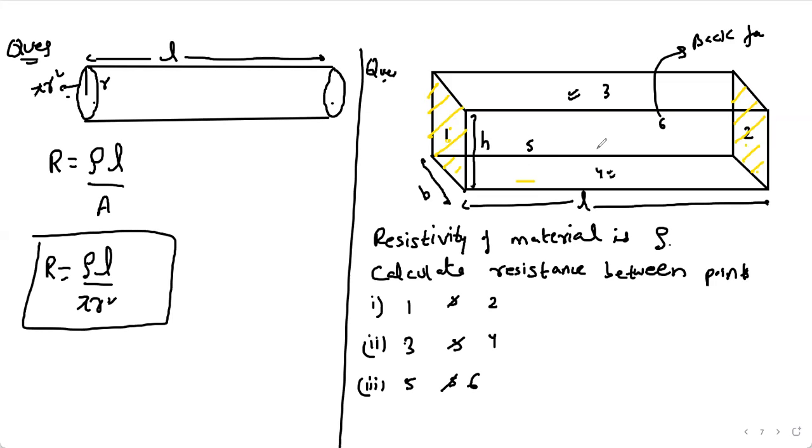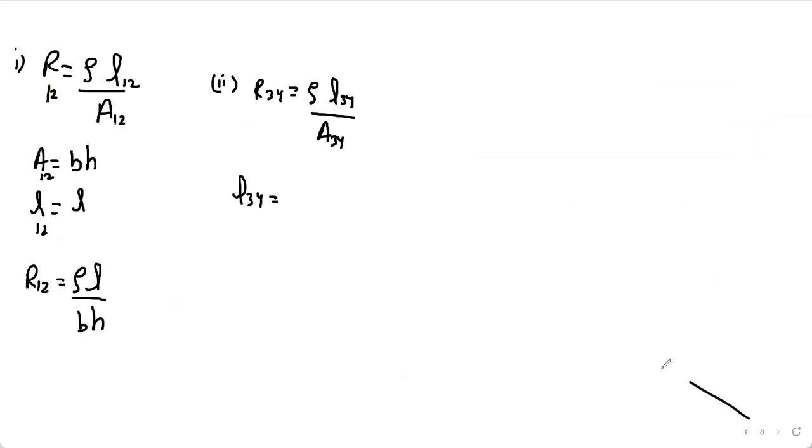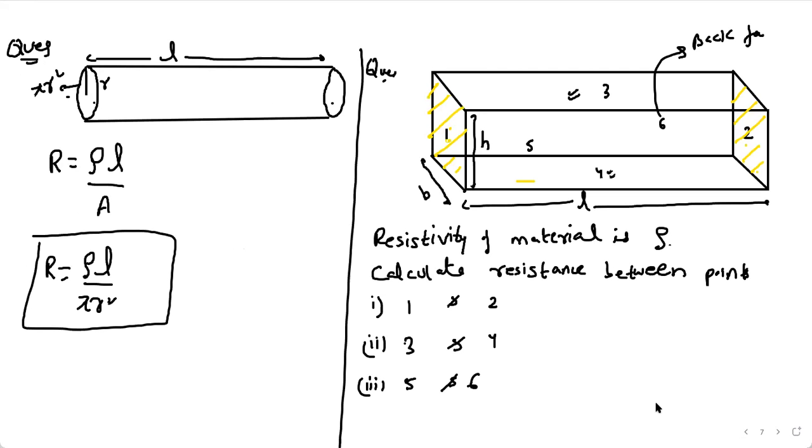It's easy. H is the separation. The separation between them is H, so L34 is H. Next, I need A34. Mariam, try it. How much is A34? A34 means the area of this particular face that I am using.